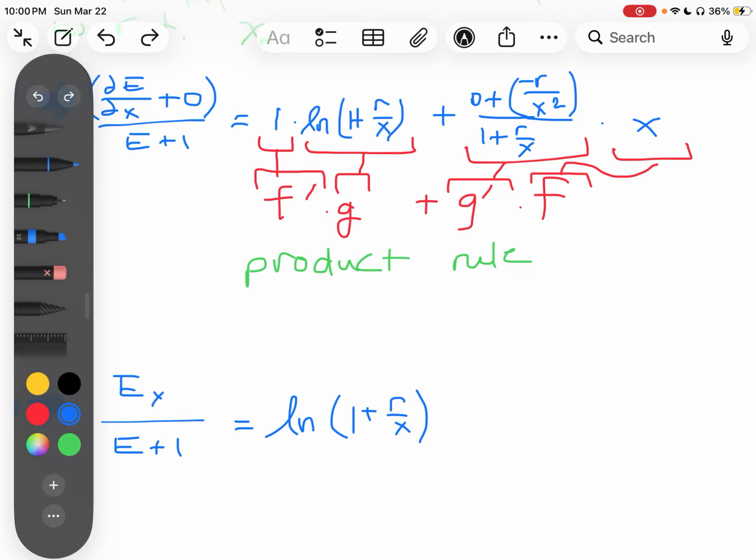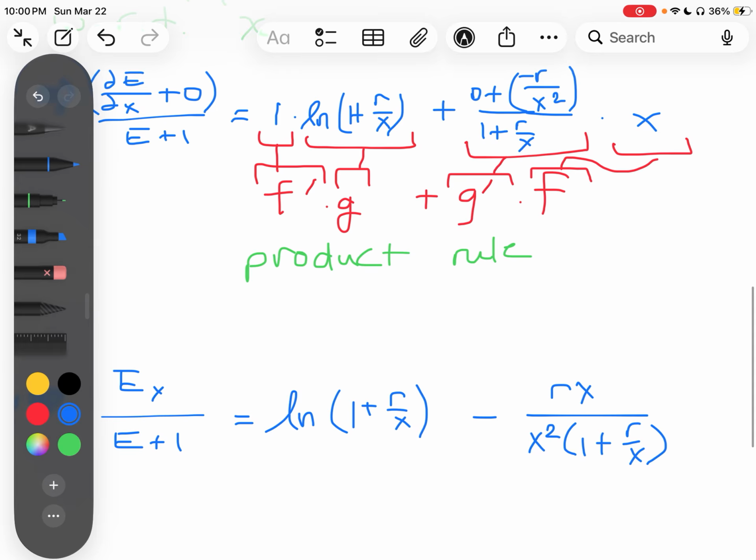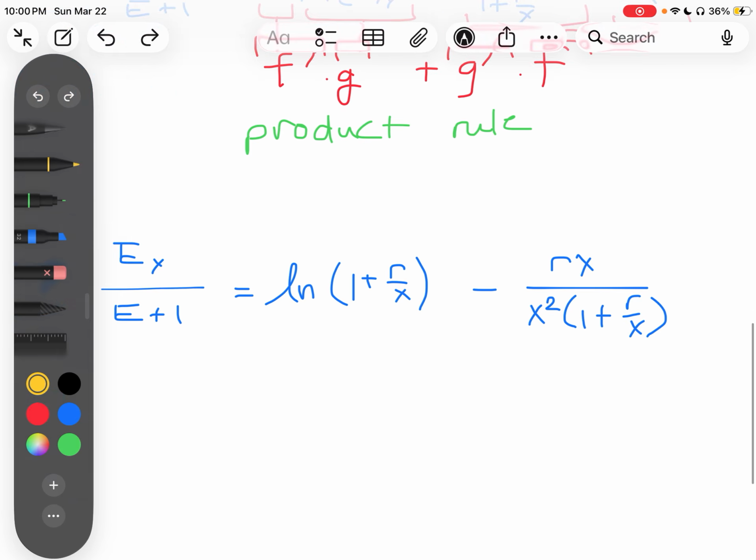Minus r, actually it's rx because there's an x here, rx over x squared times 1 plus r over x, okay? So this x comes from here, this x squared is here in the denominator, and then this is the denominator there. And now we can cancel some stuff out.